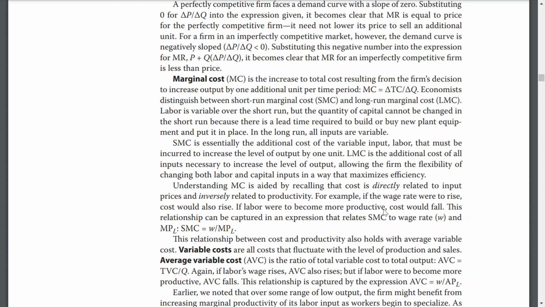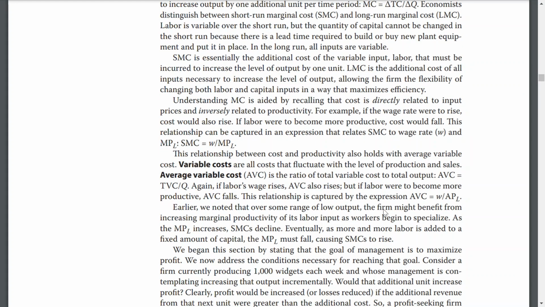SMC is essentially the additional cost of the variable input, labor, that must be incurred to increase the level of output by 1 unit. LMC is the additional cost of changing both labor and capital inputs in a way that maximizes efficiency. Understanding MC is aided by recalling that cost is directly related to the input price and inversely related to productivity.